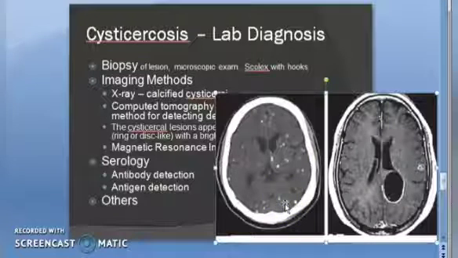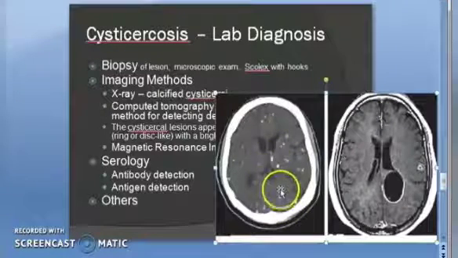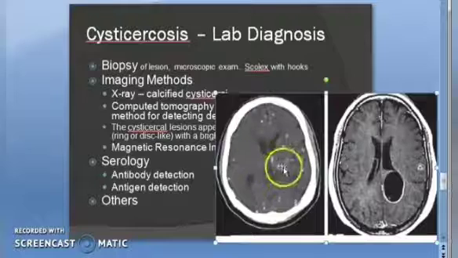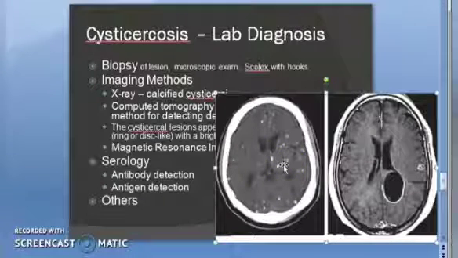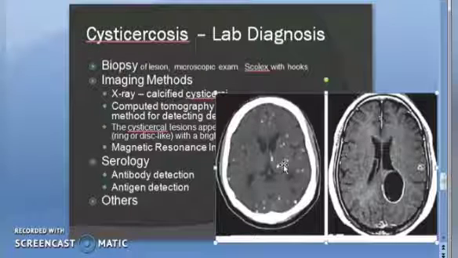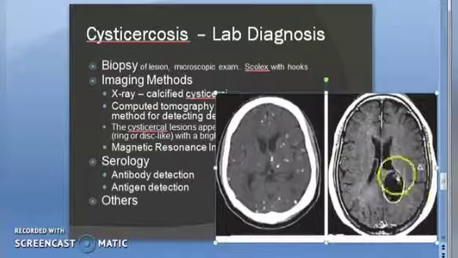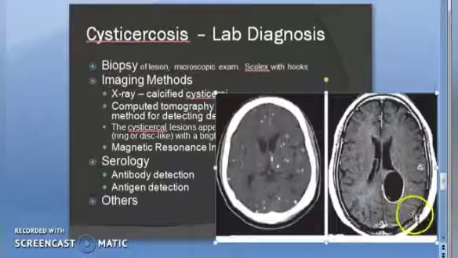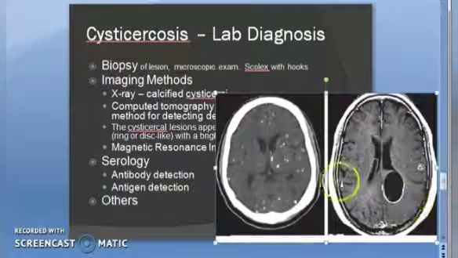Bright central spots. These are calcified, that's why they are white, right? What are we talking about? Cysticercal lesions. This is the cysticercal lesion, right? Maybe. Okay.